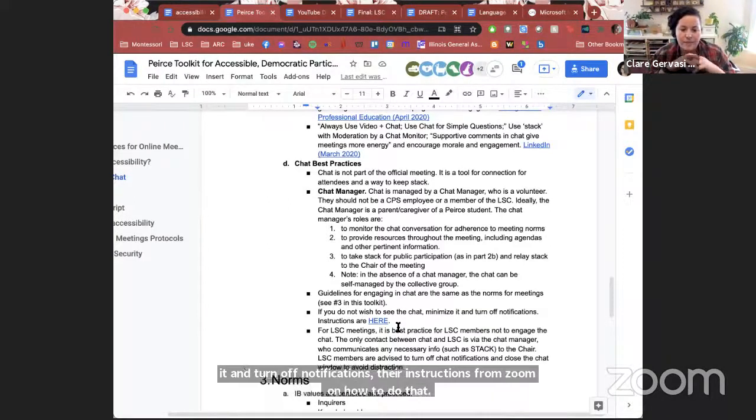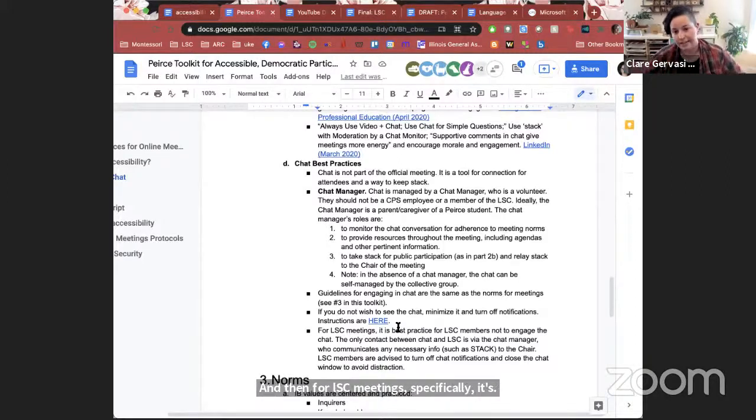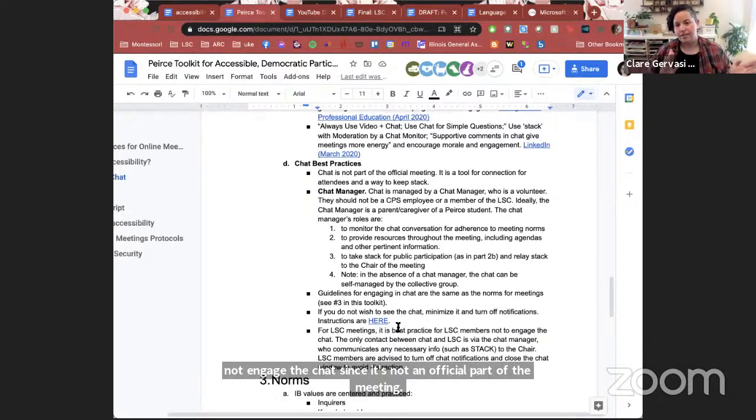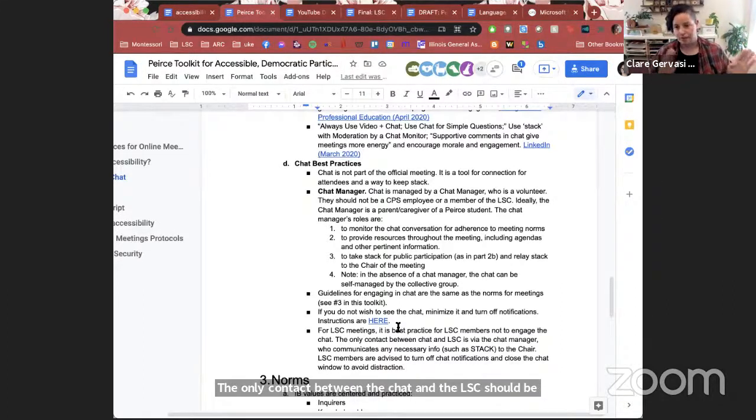For LSC meetings specifically, we've been given the guidance that LSC members should not engage the chat since it's not an official part of the meeting. The only contact between the chat and the LSC should be via the chat manager to the chair of the meeting, who can communicate any necessary info, mostly stack.